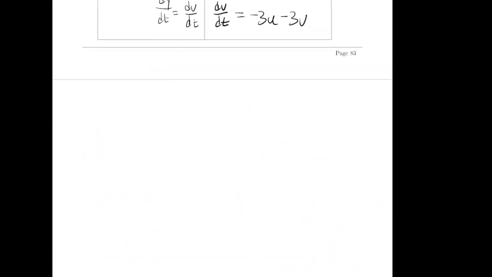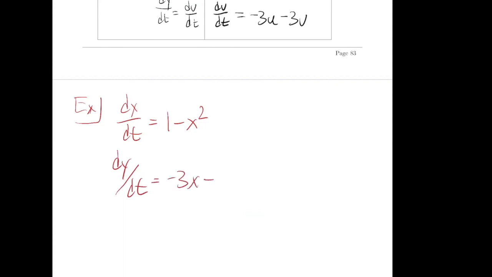In the example that we looked at, we had dx/dt was 1 minus x squared, and dy/dt was minus 3x minus 3y.